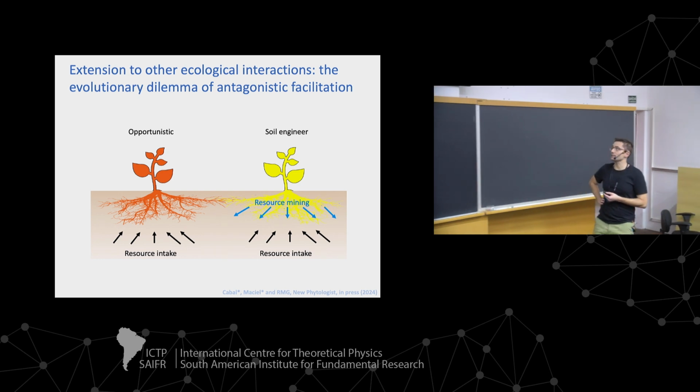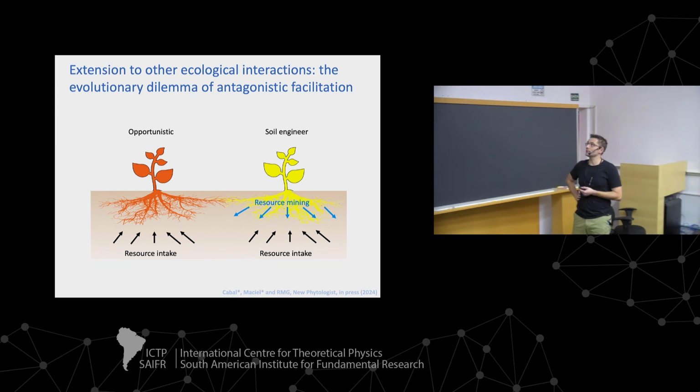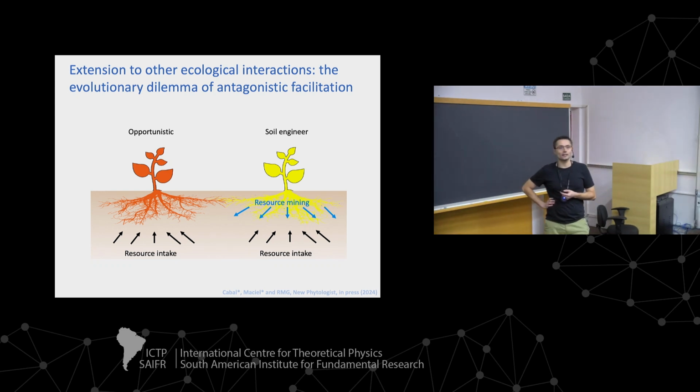You can think, for instance, of the soil engineering plant having some mining trait that allows it to mobilize some type of nutrient in the soil. This is a very interesting scenario because carrying this trait is energetically costly, of course. It provides more resources, so it may give a benefit, but it is a benefit that you have to share with neighbors, because once you mobilize, for example, phosphorus in the soil, it's out there, so anyone can take it.